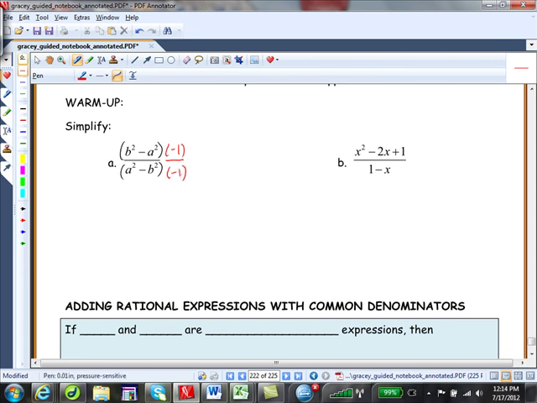And the trick is you don't multiply both negative ones throughout. What you do is you pick one of them. So I'll go ahead and multiply the negative throughout the numerator. And notice we'll end up getting -b squared plus a squared over a squared minus b squared, and then we still have the -1 hanging out.